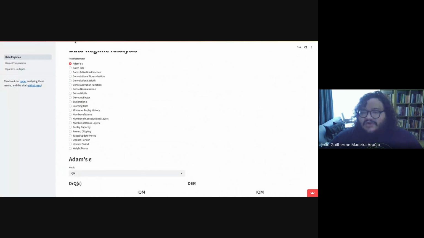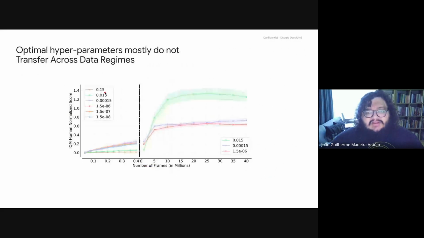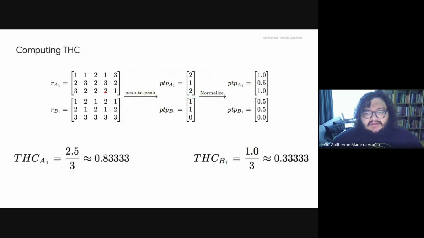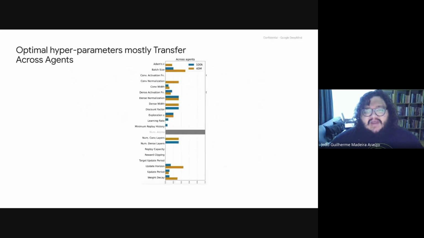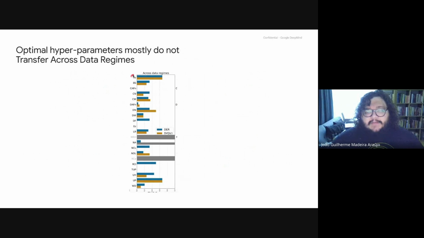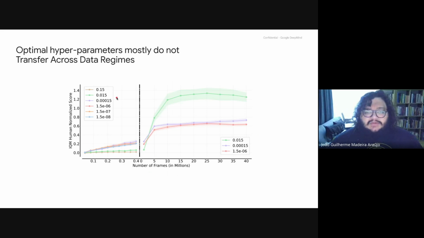The THC score is what I explained a while ago, when I was telling how you can compute this. And again, these are the THC scores for different regimes. So THC was what I explained here, and these are the THC values for different hyperparameters when we are varying either the data regime or the agents or the environment.